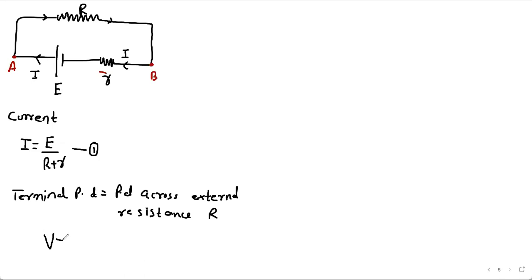So we can write the terminal potential difference. The current through the circuit is I, and the external resistance is capital R. So you can write this as E by R plus r, into capital R. That's the terminal potential difference.